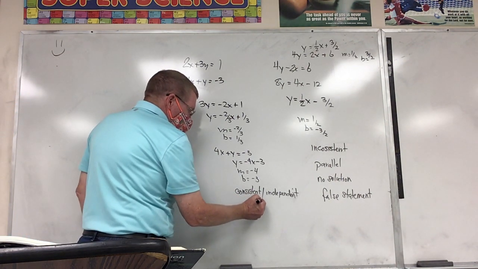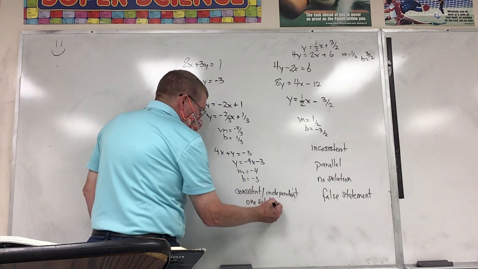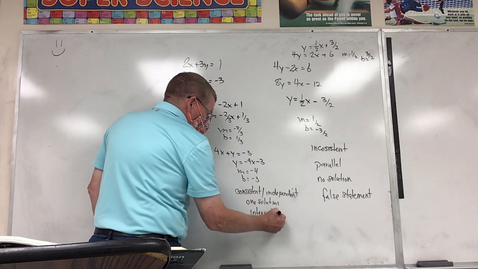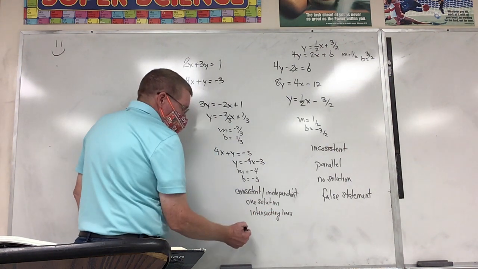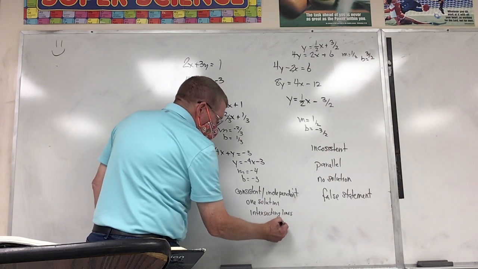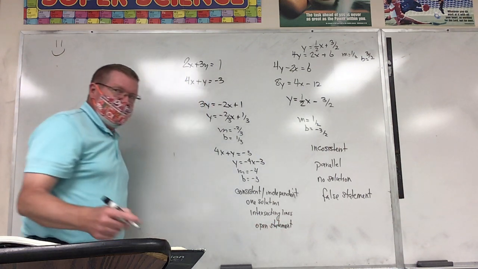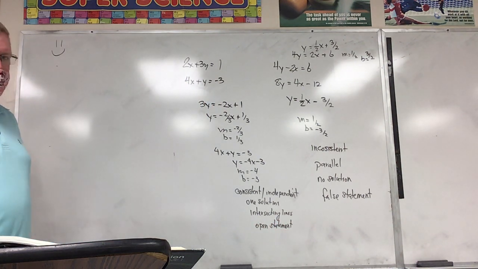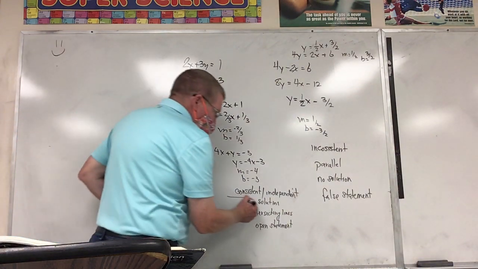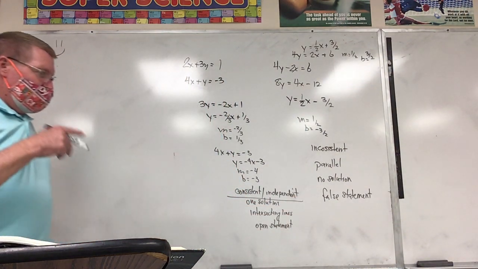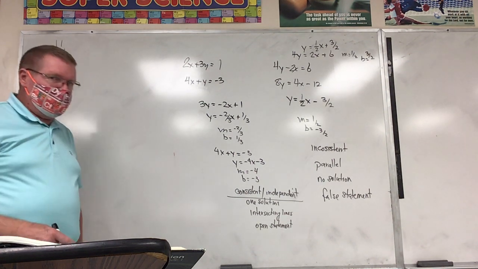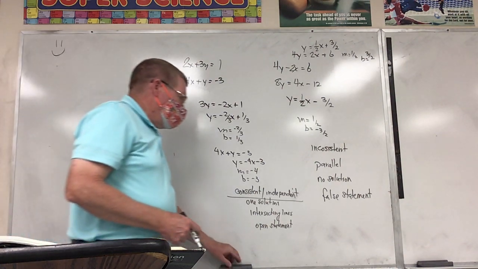One solution, intersecting lines, and it would be considered an open statement. Anytime I get x equals, y equals, it's considered an open statement, not true or false. So consistent independent is the main thing I'm looking for: one solution, the lines are intersecting, and it's an open statement that I will get.